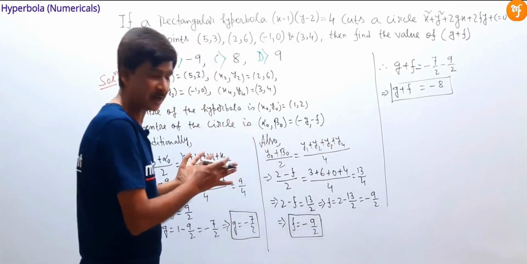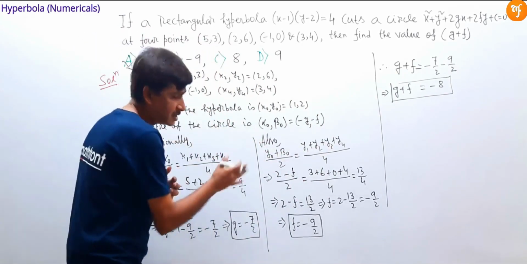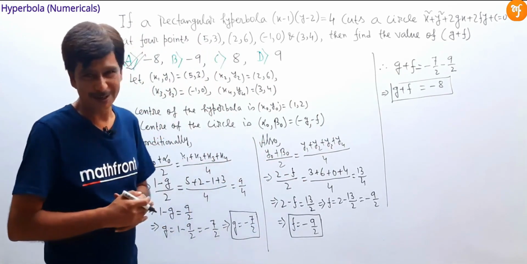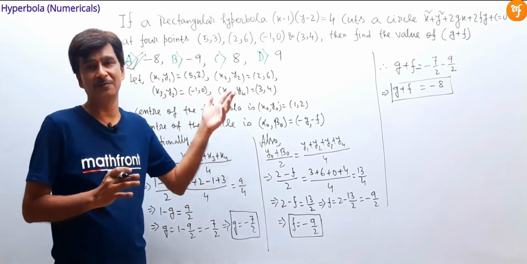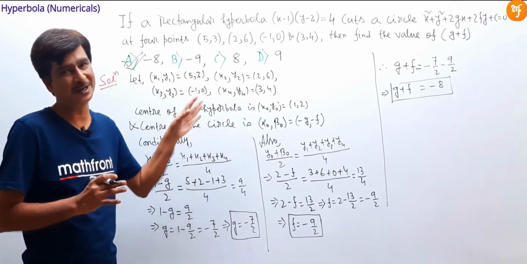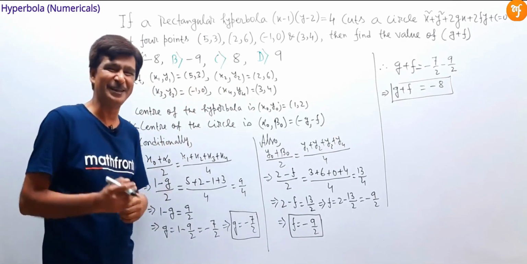So this is the main important thing. Apply this trick and we can easily solve this numerical. Okay, understand? So please remember this trick. The question has already come in different competitive exams, so it is very important for you. Okay, now come to the next question.